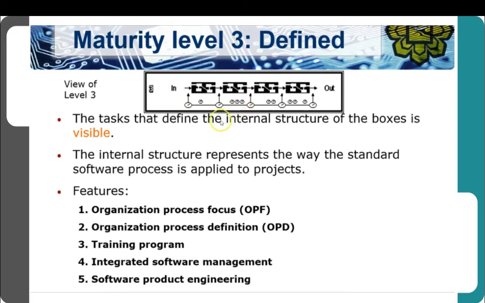That means that the internal structure represents the way the standard software process is applied to projects. And the key process areas that are relevant to this level are organization process focus, organization process definition, training program, integrated software management, software product engineering, intergroup coordination, and peer review.